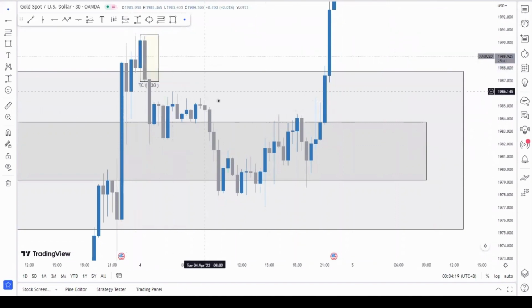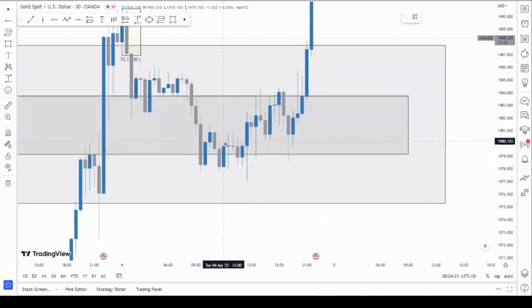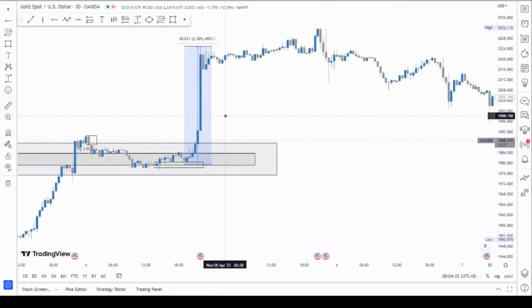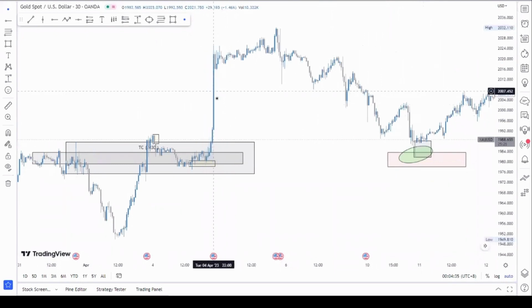And when it comes to this buy zone, it creates an engulfing buy, so it respects the buy movement after that for 450 pips. Do you understand it?